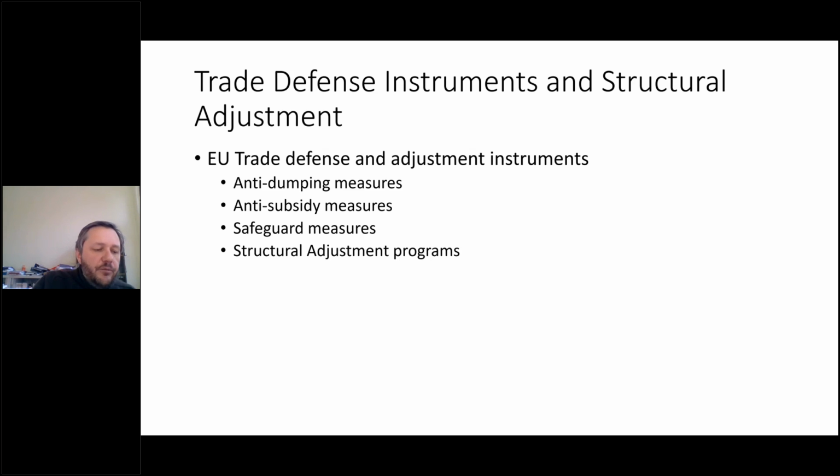So as we have shown in the beginning of the lecture, trade creates jobs, but it also destroys jobs in a certain country, and how to make sure that these types of adjustments from an economy based on certain sectors to an economy based on other sectors can take place, that falls on the structural adjustment measures. And in a first step, there's often these safeguard measures which are put in place, which might facilitate this adjustment.